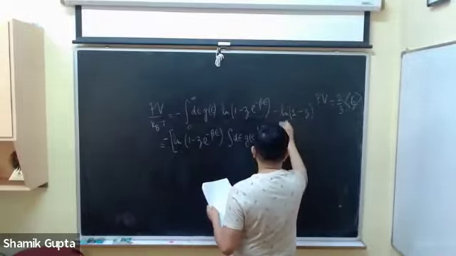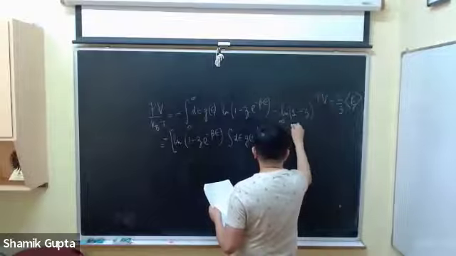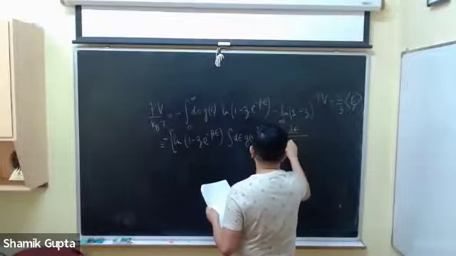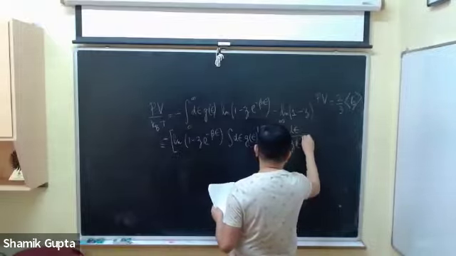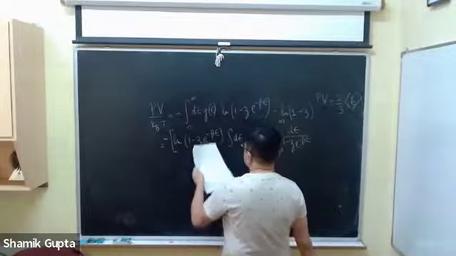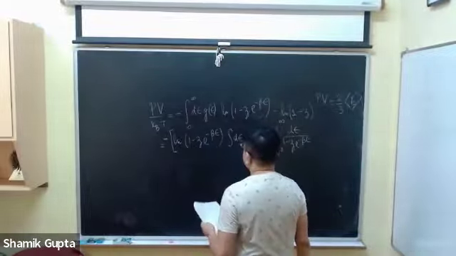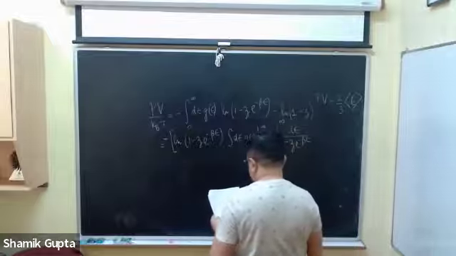So I get the integral from 0 to infinity of d epsilon by (1 minus z e to the power minus beta epsilon), and the differentiation here will give me beta.